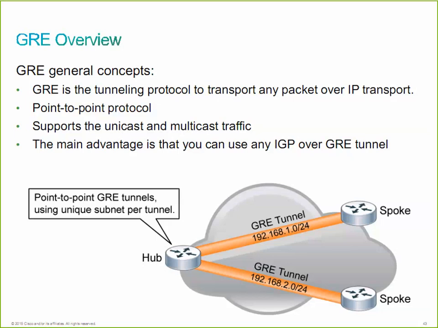GRE is a protocol that provides a tunneling feature. It doesn't provide encryption. It creates a virtual point-to-point connection between two routers. The routers themselves encapsulate traffic with something called the GRE header and a new IP header. This new packet gets forwarded to the router on the other end of the tunnel using the external IP header to make those forwarding decisions.